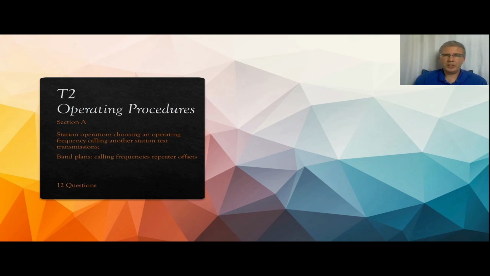There are 12 questions total in this section. Please keep in mind only one question will be taken from this set onto your technician license exam. But it's important to know these both as you operate once you get your license, as well as just generally being prepared for the test.